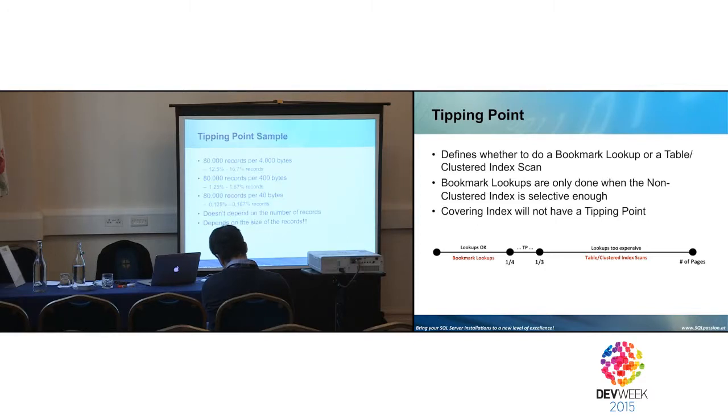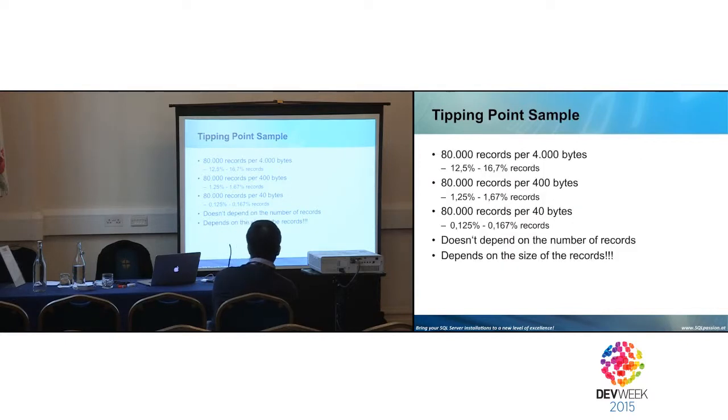The tipping point itself depends on the number of pages that we are reading. Means the tipping point doesn't care about the number of records. And as you can see here, SQL Server chooses a plan with a bookmark lookup when we read around 1/4 to 1/3 of our pages of that table.